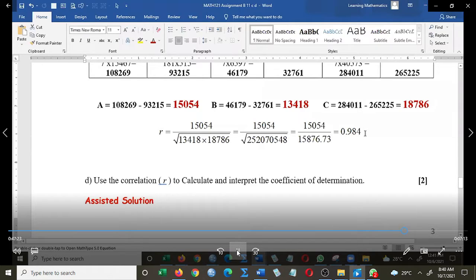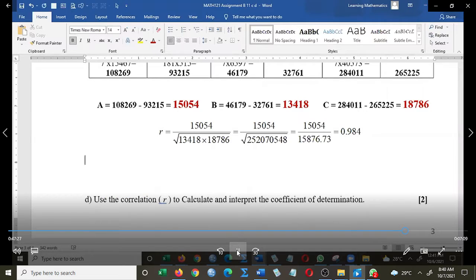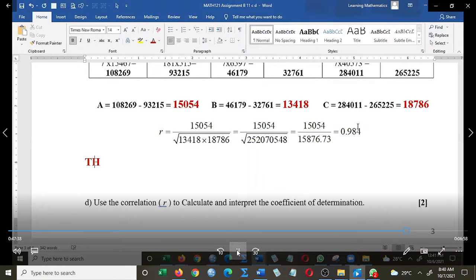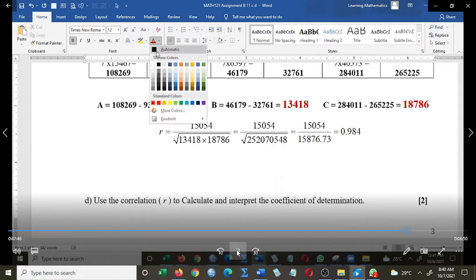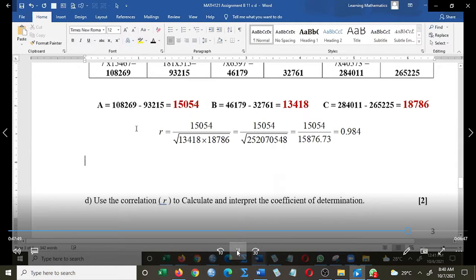But for now, what we can say, there's a strong positive correlation because 0.984 is between 0.5 and 1 and is very close to 1, almost perfect positive. There's a very strong correlation, according to this value, between hours of study and score.